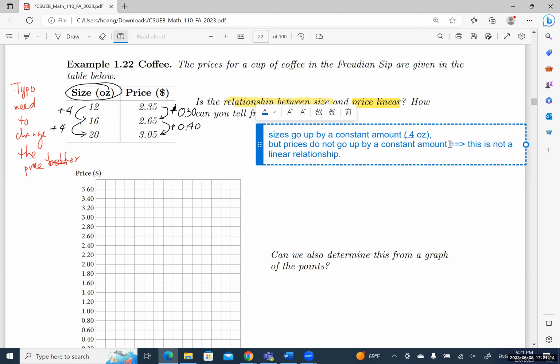So for the relationship to be linear, you need both sides, the size changing by a constant amount, right? Go up by 4 ounces, and the price also goes up by a constant amount.